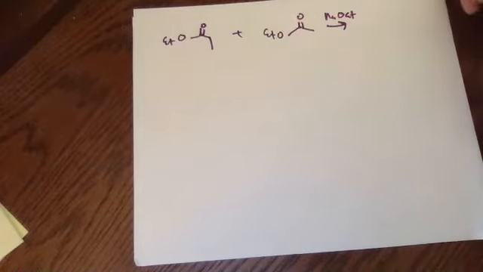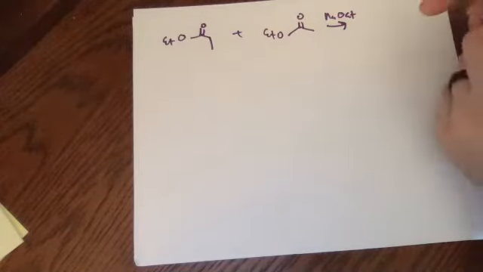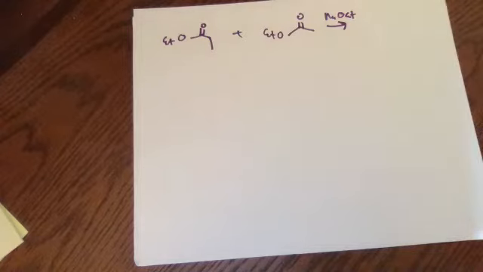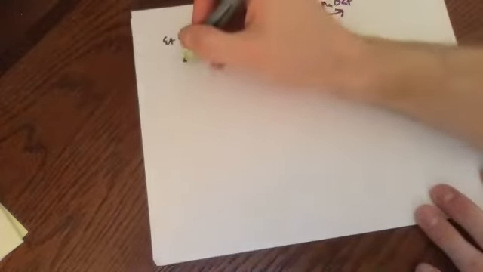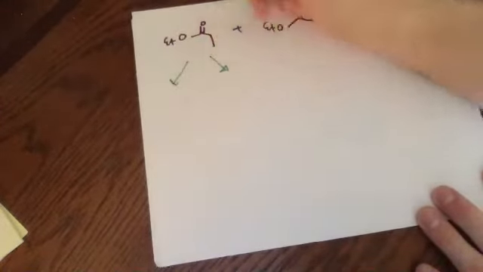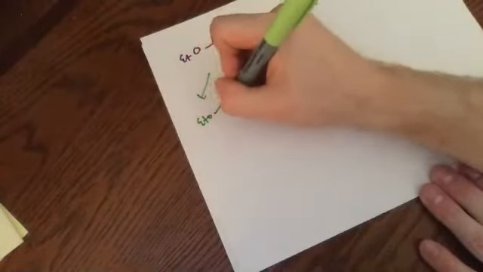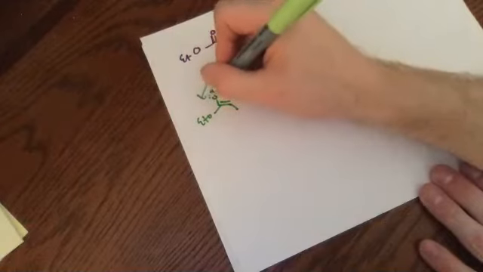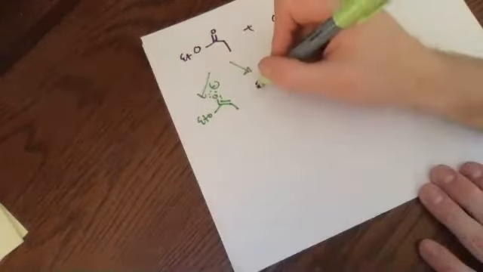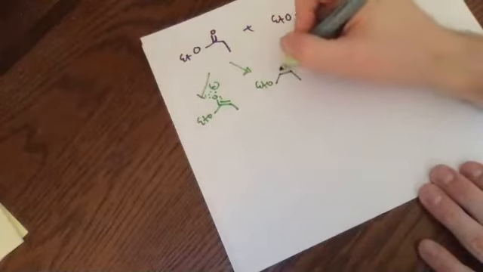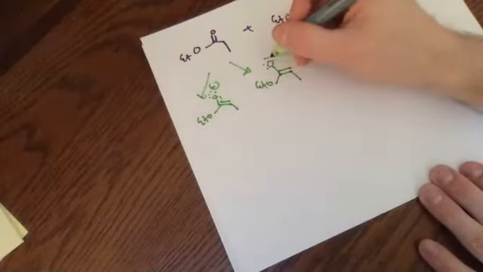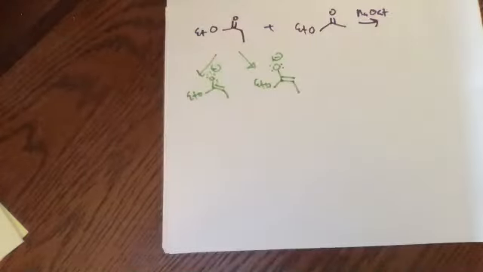What we can do is, again, we're going to get 4 products. So each of these is going to have 2 pathways that can go down. So it'll make an enolate. It's going to look the same for both of them. At this point, this can either interact with itself.